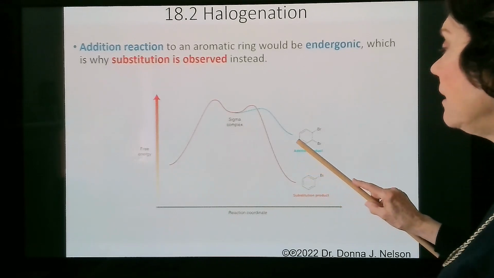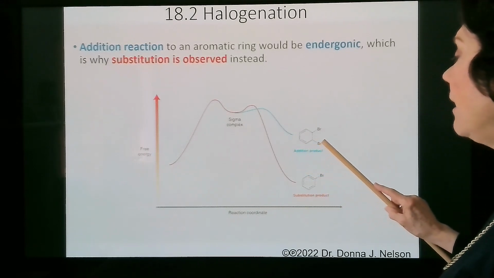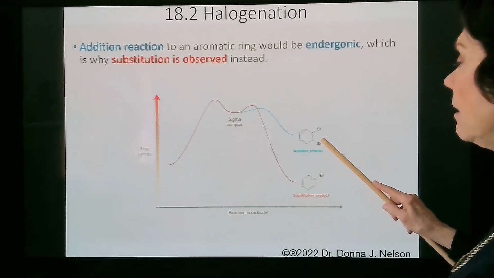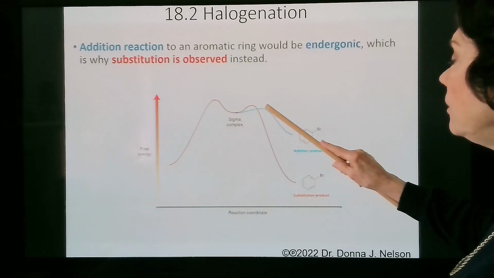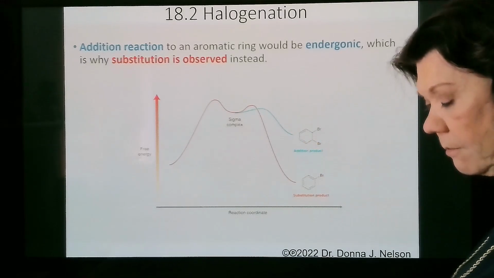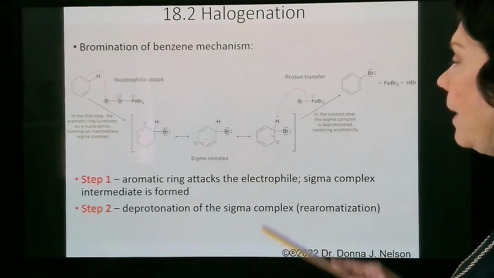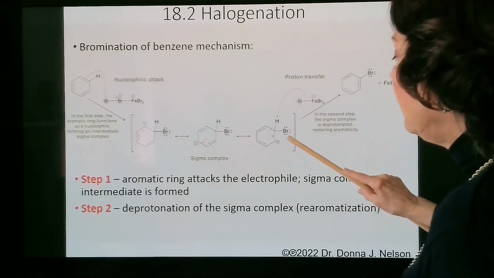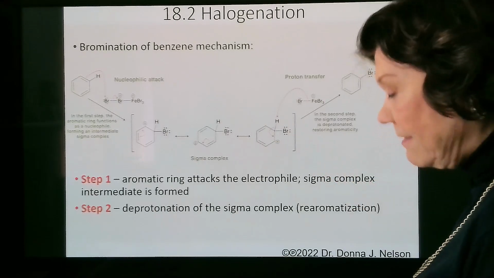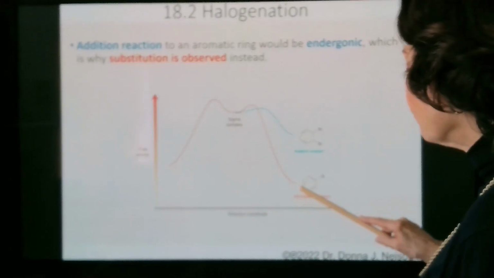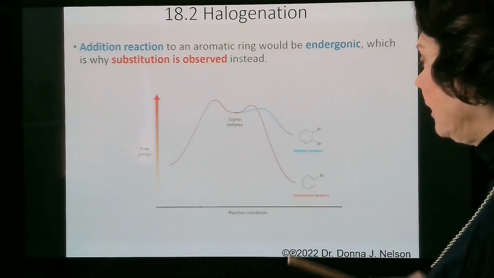Now notice that you could add another bromine substituent, but then you would generate a higher energy product. Let's go back up here. So see, you could have bromine come in and attack, but that would generate a higher energy product, and it would not regenerate the aromaticity.